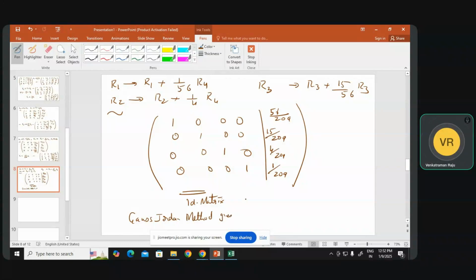It gives x1 as this value 56 by 209, x2 as this value 15 by 209, x3 as this value 4 by 209, x4 as this value 1 by 209. So we got x1, x2, x3, x4, all four values. We can verify it. So that's all. So I'll end the class here.